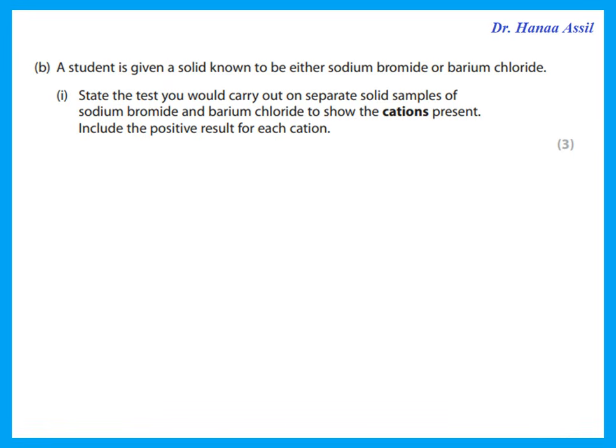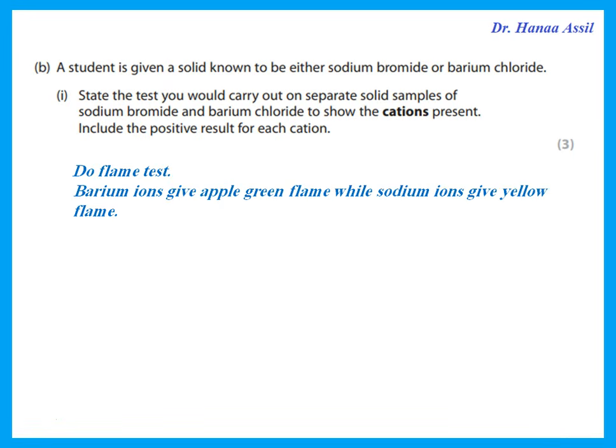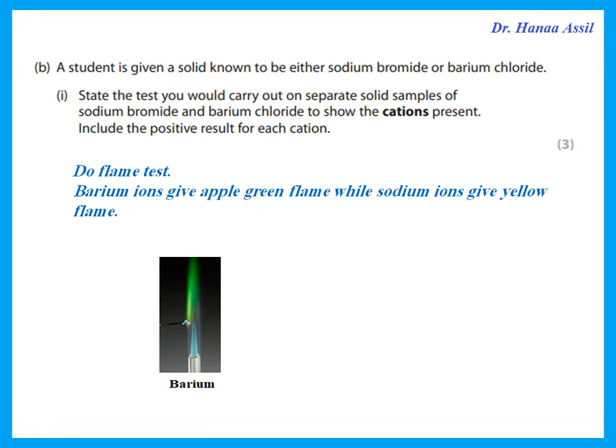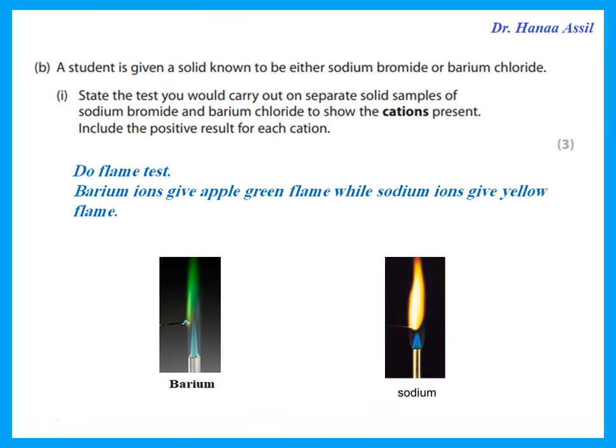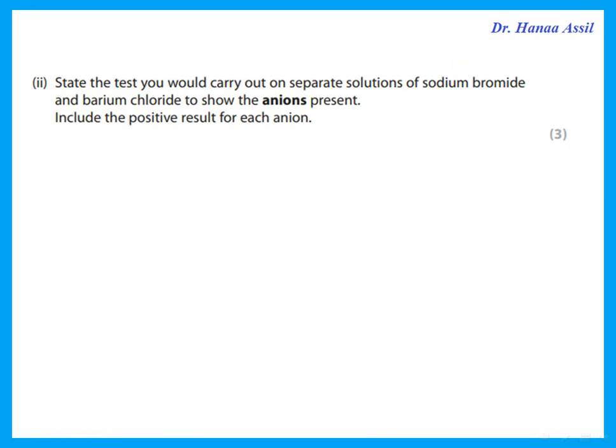What is the test that we have? Of course, this is the flame test, and you should know that barium ions will give apple green flame, while sodium ions will give a yellow flame. So remember that this is the flame test. Barium gives green, sodium gives yellow.